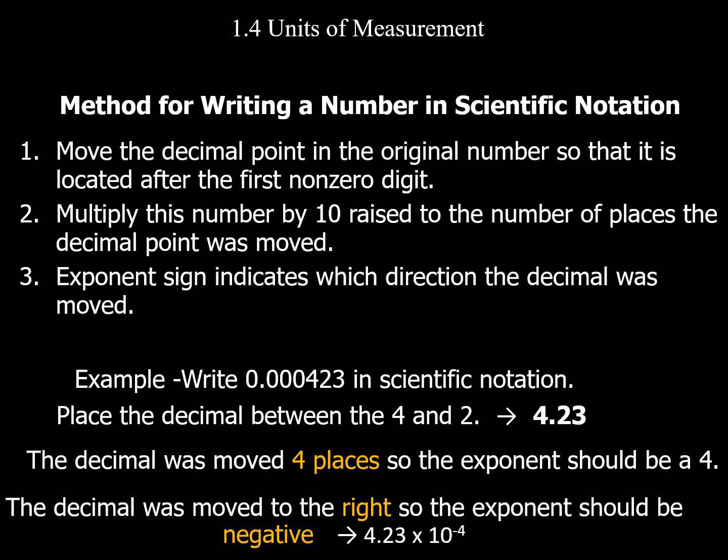If I wanted to write 0.000423 in scientific notation, we would write 4.23 as our coefficient because, as I said, it has to be between 1 and 10. And we would move the decimal place 4 times over, 1, 2, 3, 4, to get 4.23 times 10 to the minus 4.